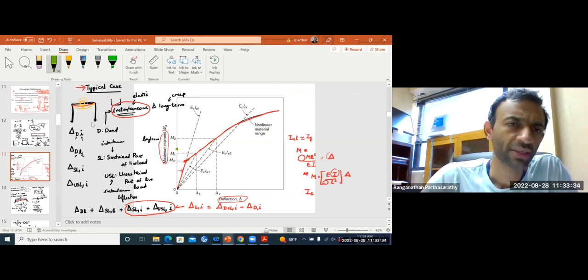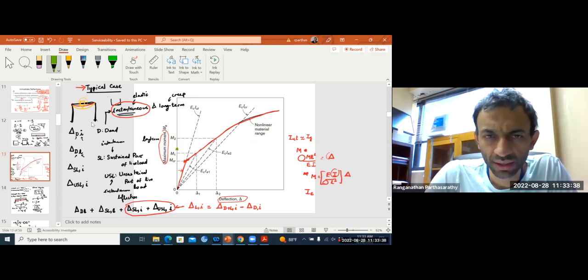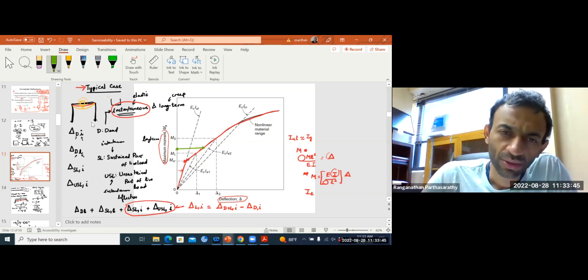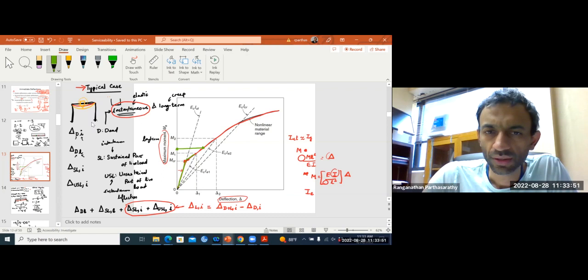Everything is built, structure is ready, but nothing has come in. Then you're on this point on the M delta diagram. So you have loaded it following that path, the green path.